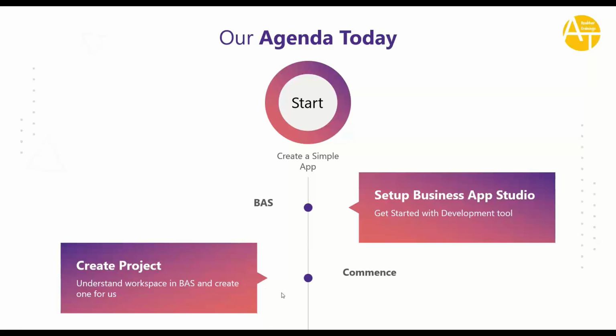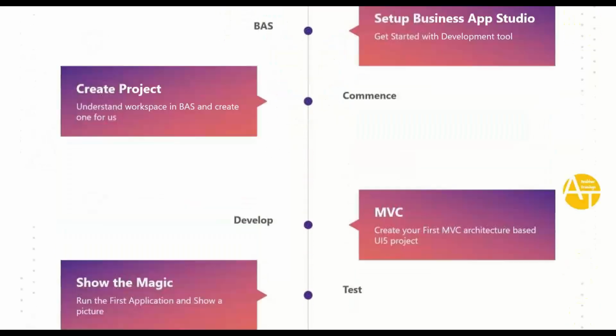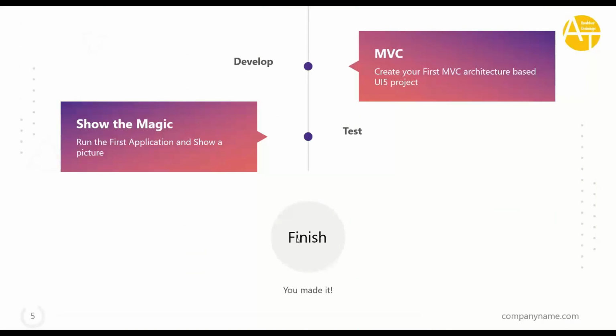We will understand how the workspace can be created in the Business Application Studio to get started with the development. And then we will develop our very first user interface using very simple UI controls like a button and an image control. And then we will test our application finally in the browser. So this is what we will be looking at in today's demo session.